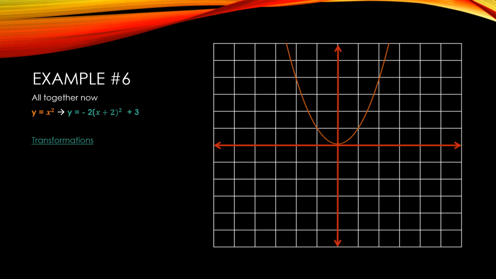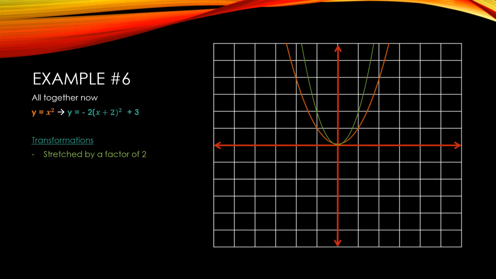After the negative, we have the number 2. So that acts as our coefficient. Remember, we have a coefficient that's either greater than 1 or less than 1. In this case, 2 is greater than 1, which will make for a slimmer U. So that's a stretch by a factor of 2. After the 2, we have the values inside of the bracket.